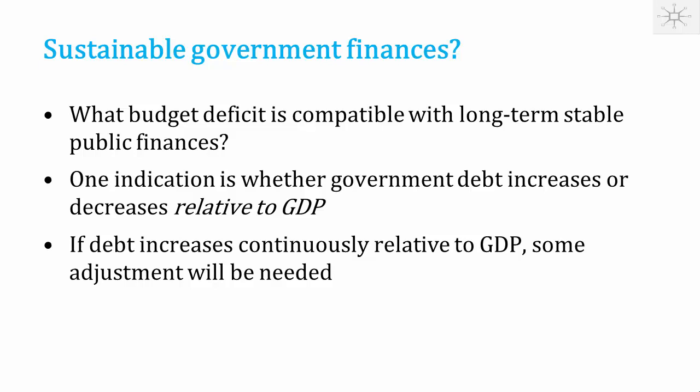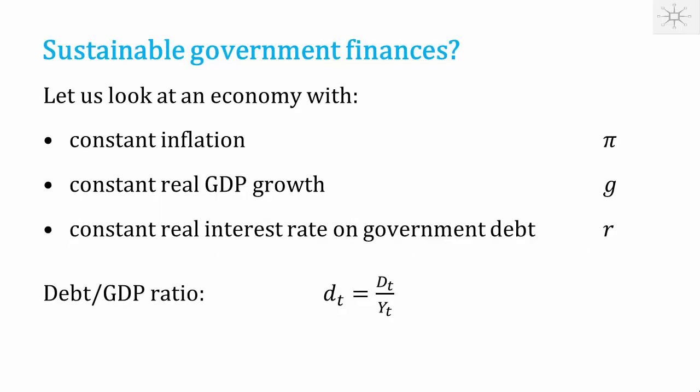We will look at whether the government debt is increasing or decreasing relative to income in the economy. Because if debt increases continuously relative to GDP, then some adjustment will be needed. This is not really a sustainable situation if it goes on. So in our analysis, we will focus on the debt ratio, which is the government debt relative to GDP.